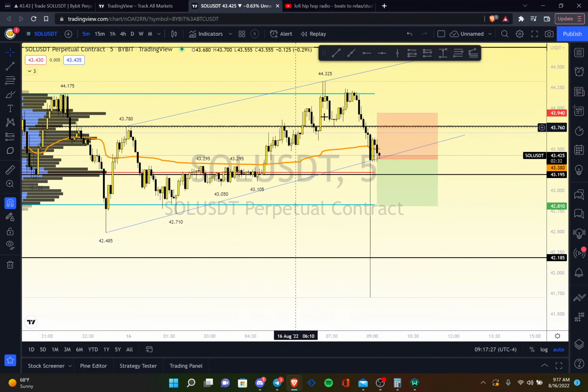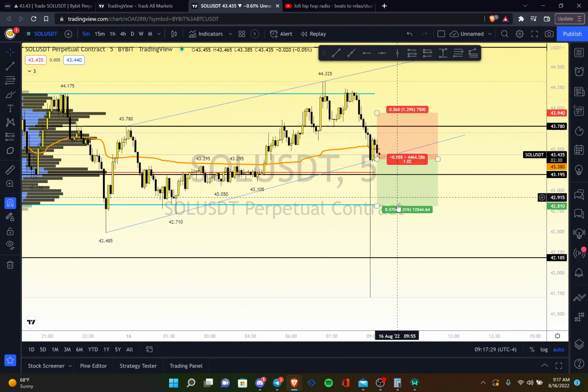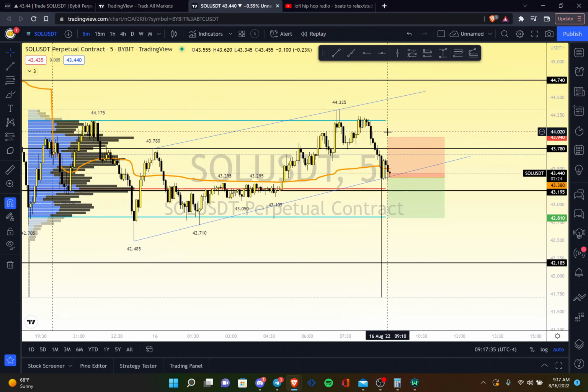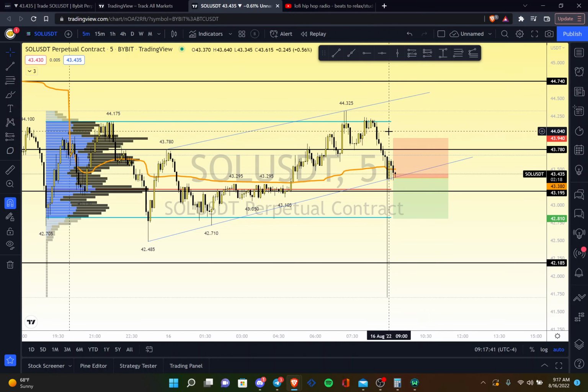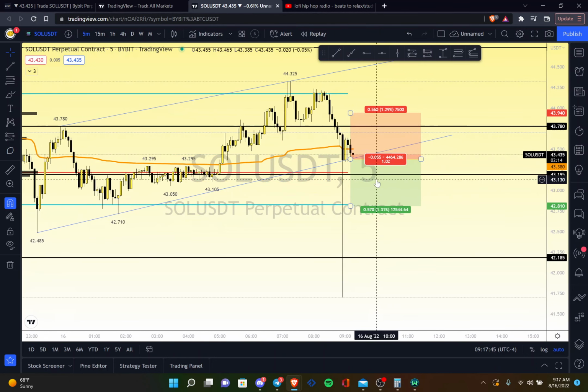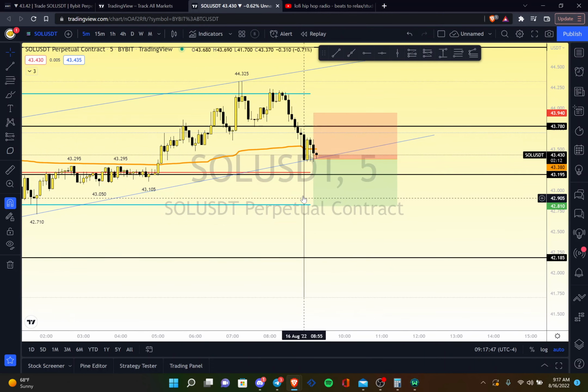I feel as if this is likely going to break down, but it may have to rise a little bit higher to test this level first, and maybe even higher. It may want to continue higher and still test the top of the structure, but that doesn't seem likely, at least right now. But we shall see.